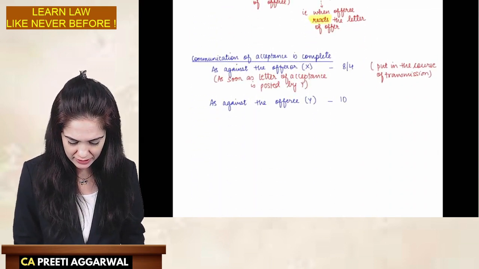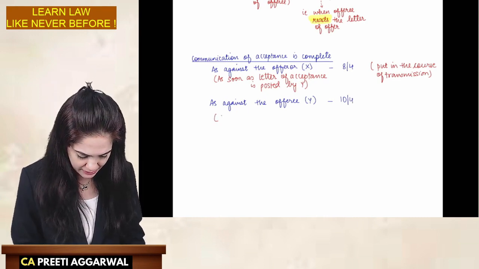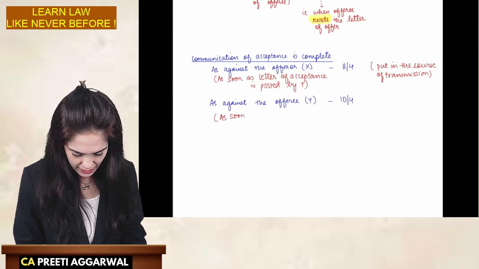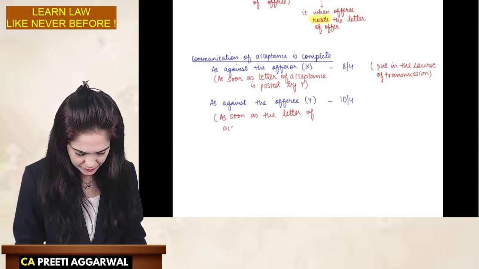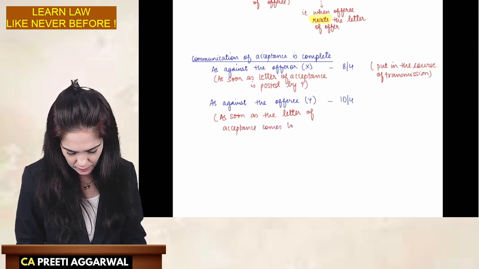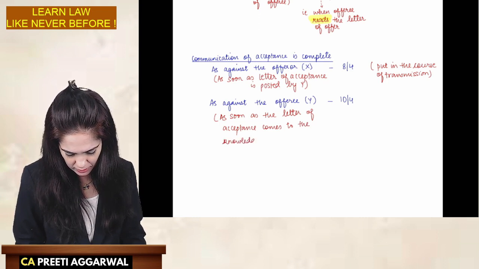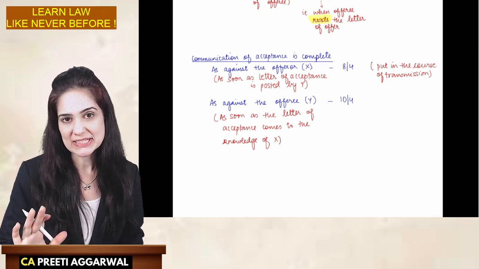That is when the letter reaches X. So communication is complete as soon as the letter of acceptance comes to the knowledge of X, that is when he knows about it. Okay. Why two separate dates? We will discuss in some time.